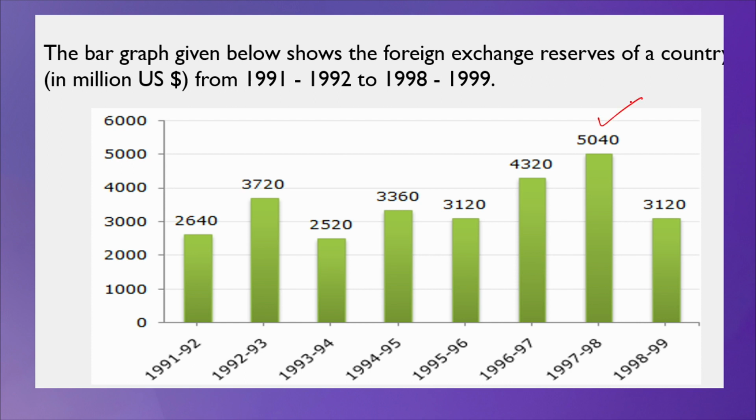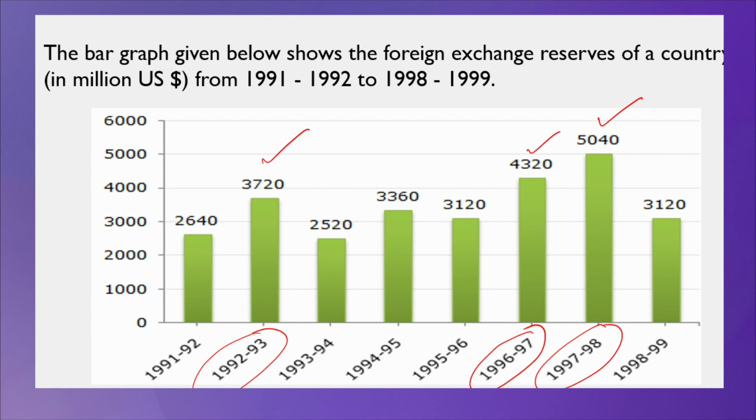So, this is a 3 and 3720, meaning here 1996-97, 1997-98 and 1992-93. These 3 years the foreign exchange reserves are above the average of foreign exchange reserves.